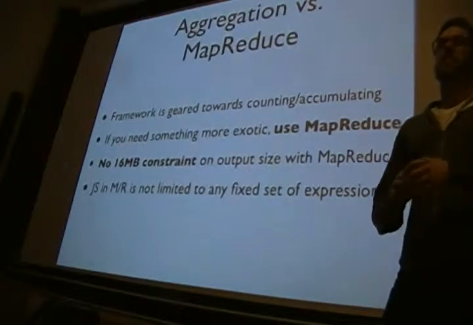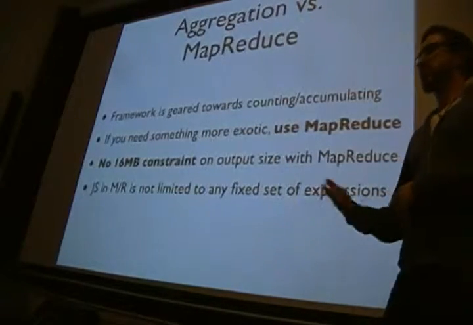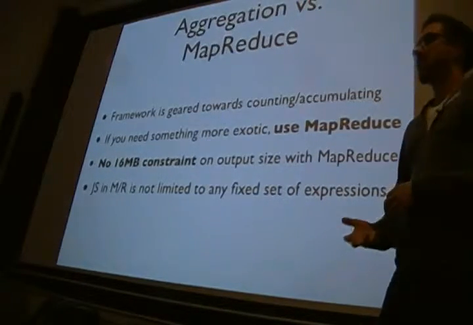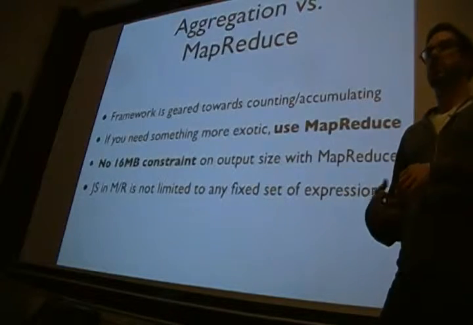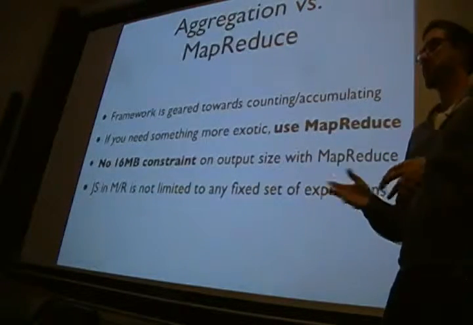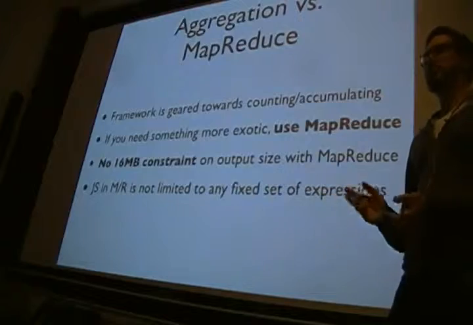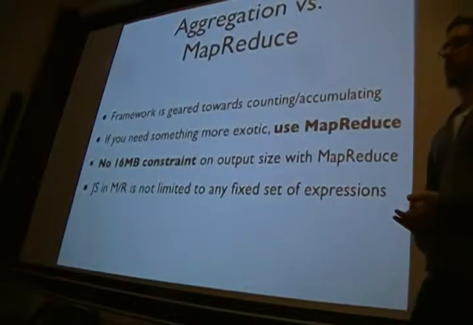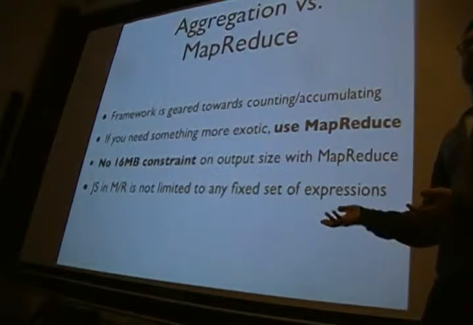If you need something that goes beyond that, you can always fall back to MapReduce, because when you write your MapReduce code, it's just writing JavaScript code. You can have it do pretty much anything you can dream up. So anything that you can't accomplish with the aggregation framework, you can always write in MapReduce.